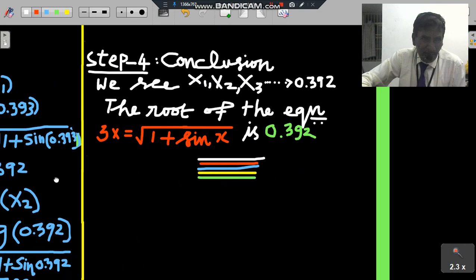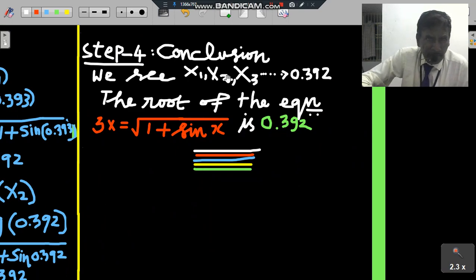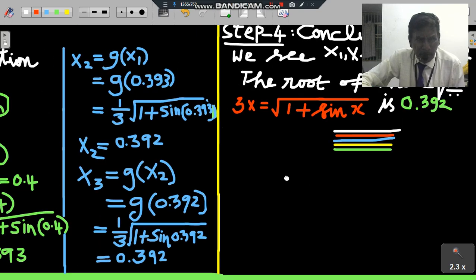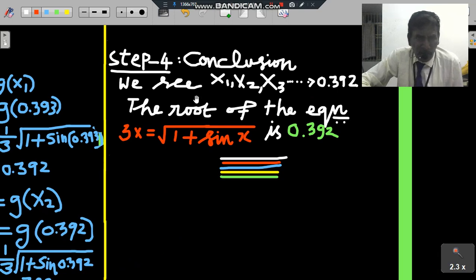Therefore the approximation values of x1, x2, x3 are all approaching 0.392, because these two values are equal. If we find x4, x5, x6, everything will approach 0.392. So the root of the given equation must be equal to 0.392.